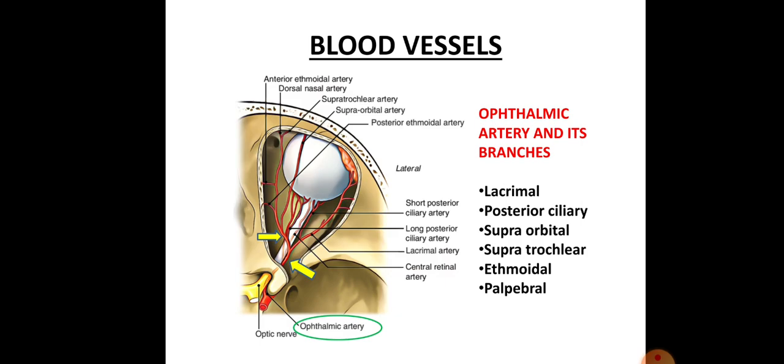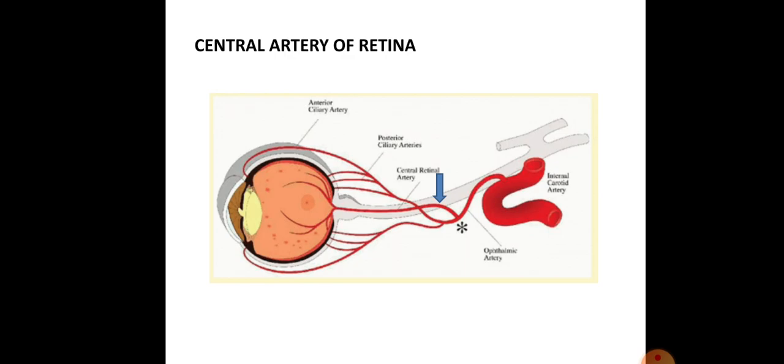And these are the branches of ophthalmic artery. Take a note of it. Along with these branches, the corresponding venous tributaries and ophthalmic vein are also the contents of the orbital cavity. The most important branch of the ophthalmic artery is central artery of retina.